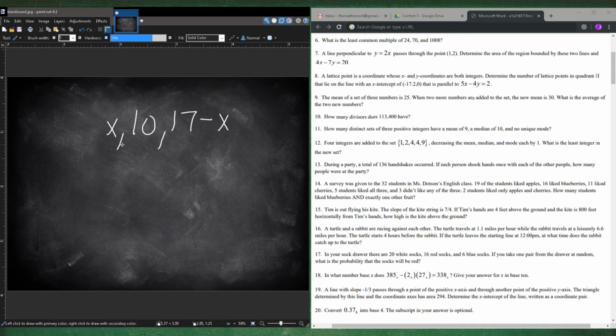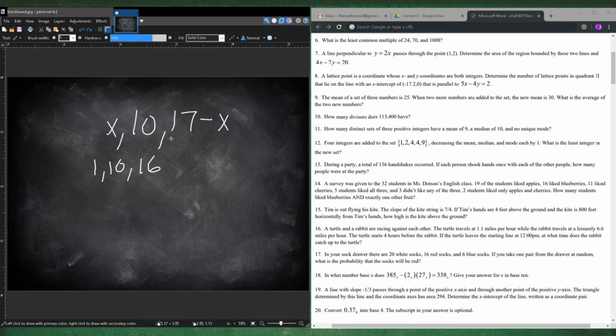So how many distinct sets of positive integers? If x is equal to 1, we have 1, 10, and 16. 0 is not positive, so you can't start with 0. It's not positive or negative. And then you have 2, and then 10 and 15. 3, 10, and basically, we'll just not write the 10, because 10's got to be in it.